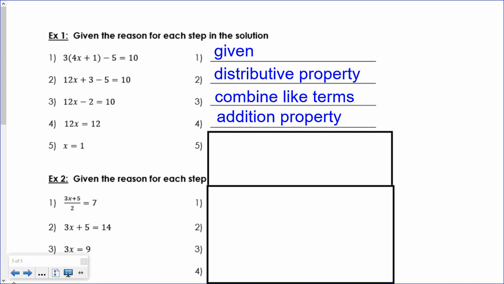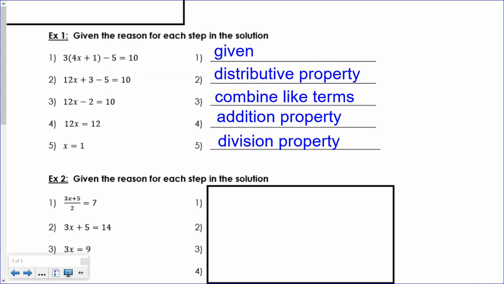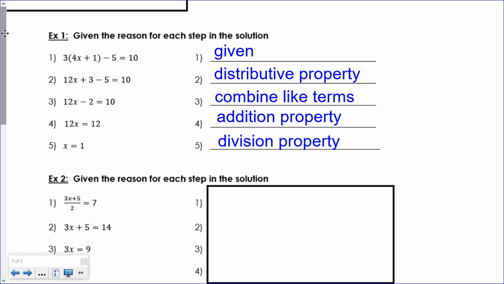What did I add to both sides? 2. So I added 2 to both sides with the addition property. And then what reason supports number 5? How did I get to step number 5? The division property. Divided both sides by 12. So that's how you fill out an algebraic proof.